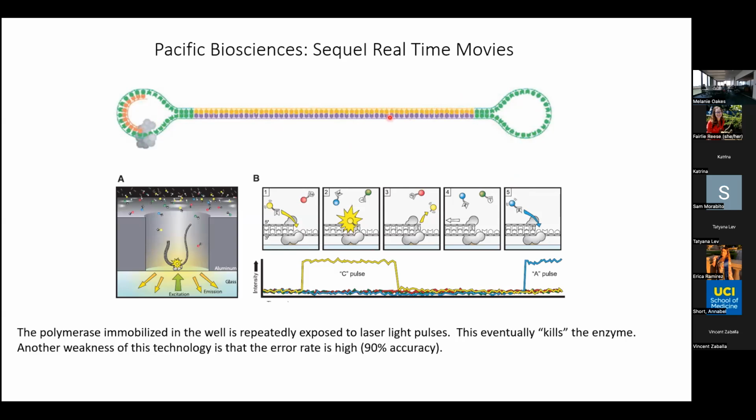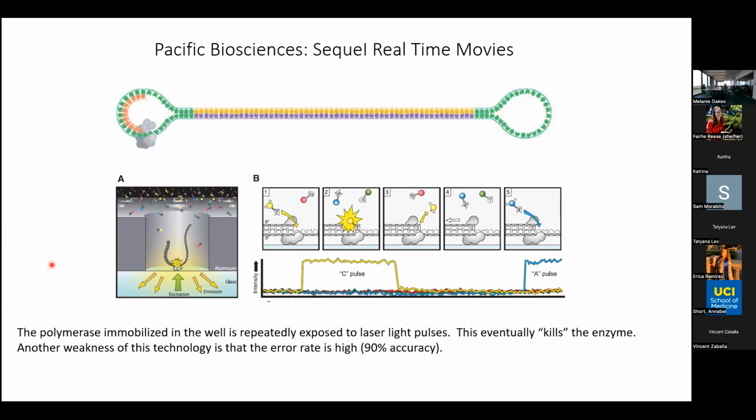So this is our DNA, this is our SMRTbell template, and our insert. We ligate on these hairpin loop adapters on both sides, and then we anneal a sequencing primer. We bind polymerase, and then we put it into the instrument.